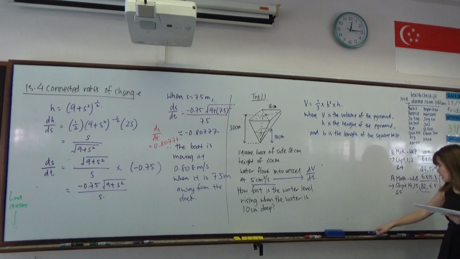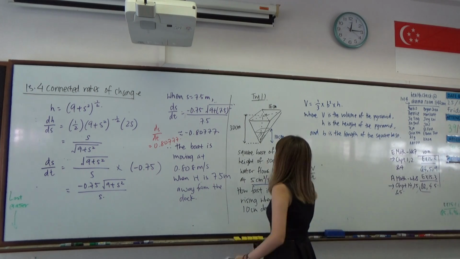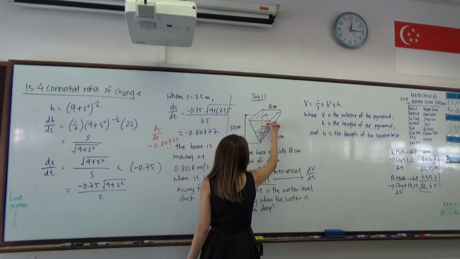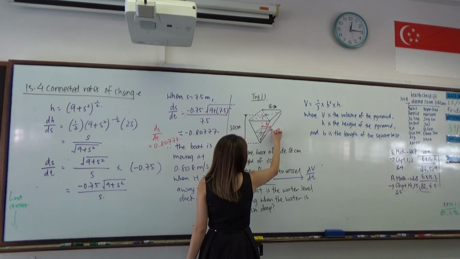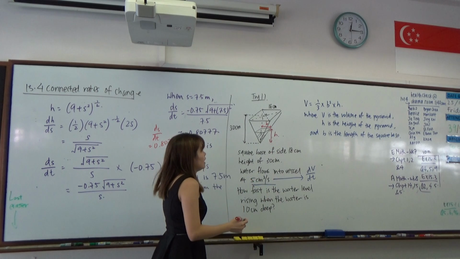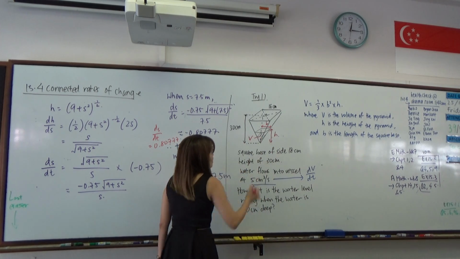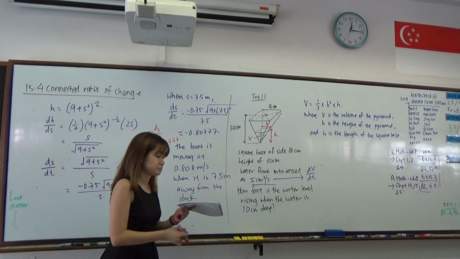So if I were to put this into the diagram, this refers to V. This part here refers to H. And then the volume of the water will be V.